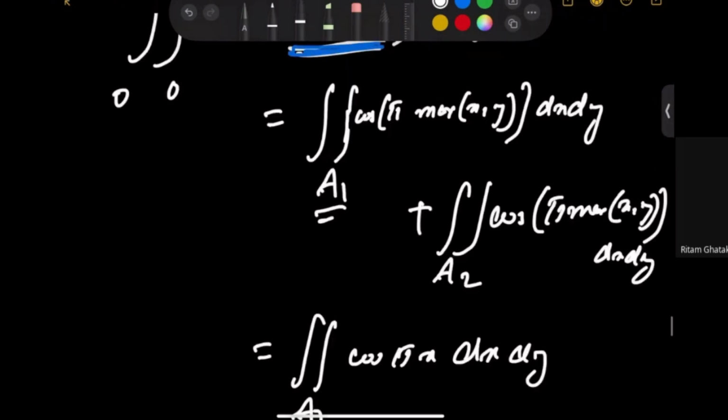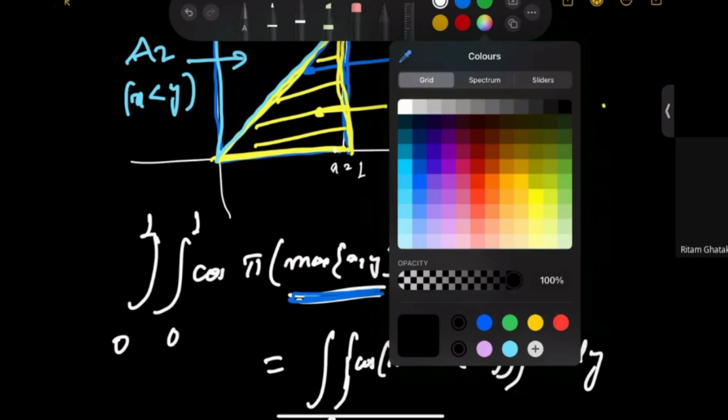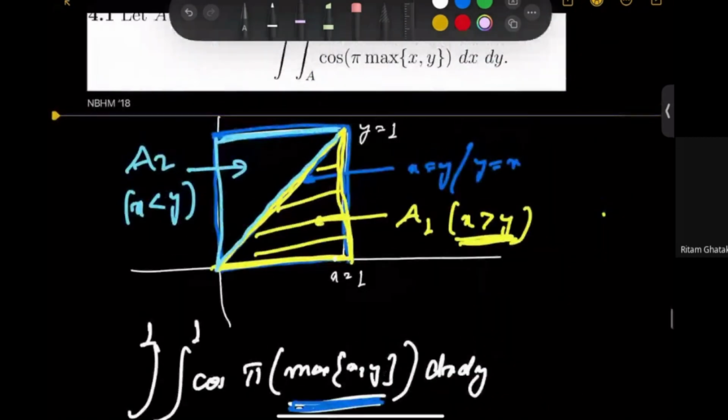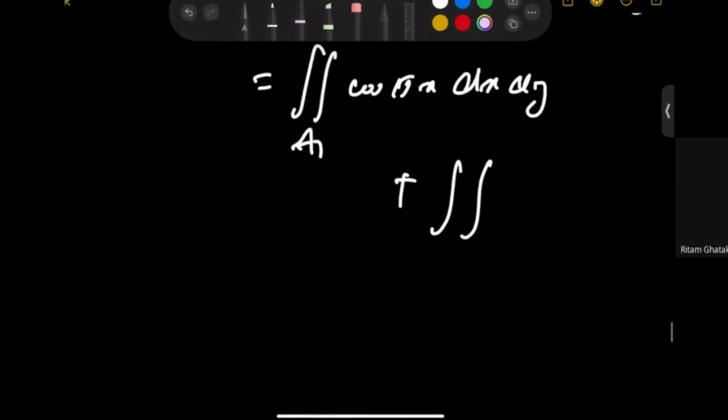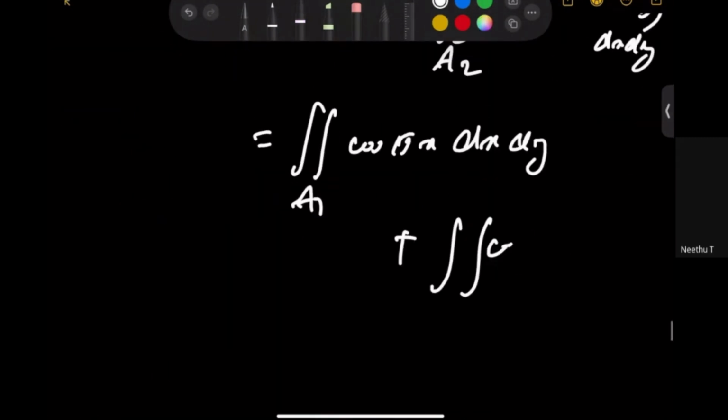And in the other region, A2, x is less than y, so the max of x and y will be y here, right? So cos of pi y dx dy over A2. The limits you take care of.